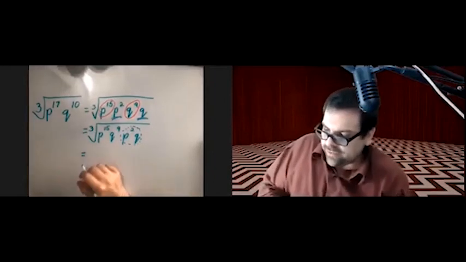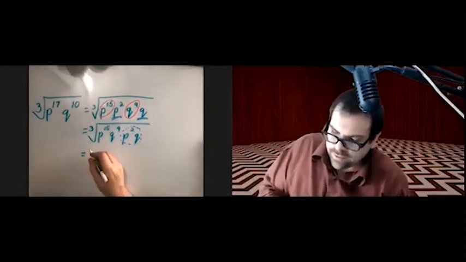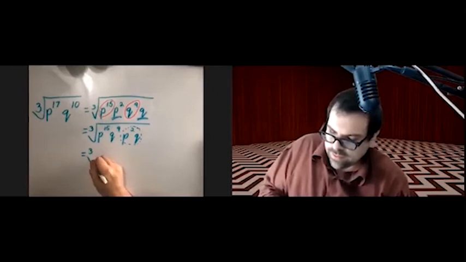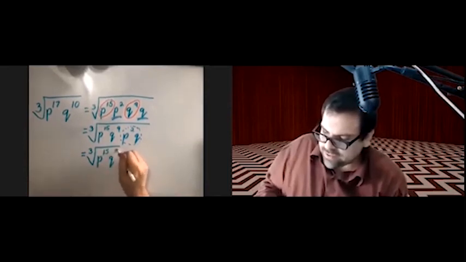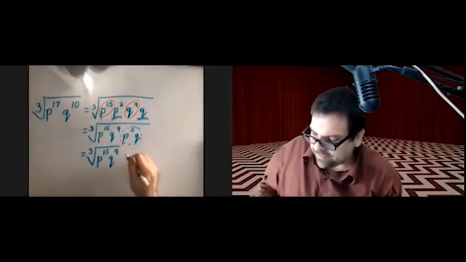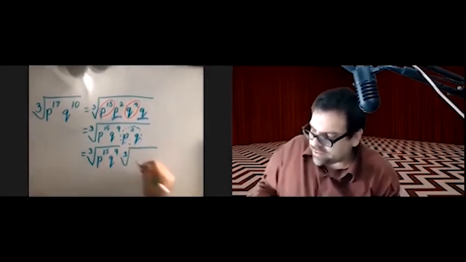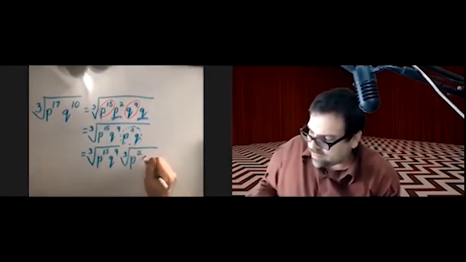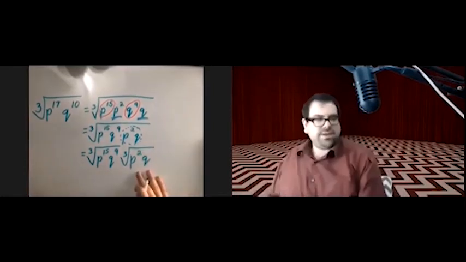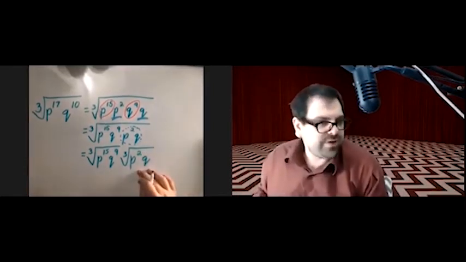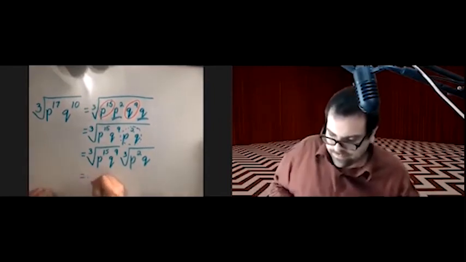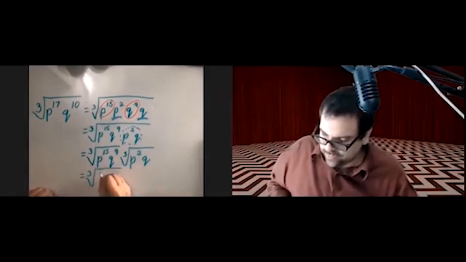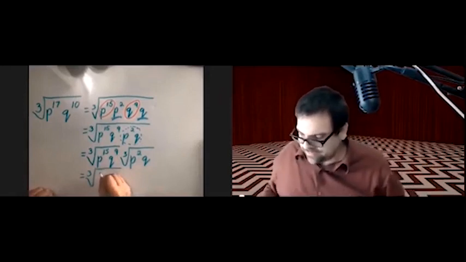So we have our perfect cubed pieces that can be simplified times our leftover pieces that couldn't be simplified. A cube root and a cube cancels.